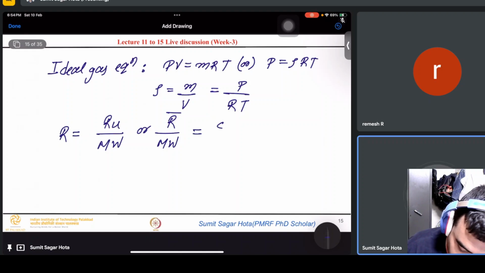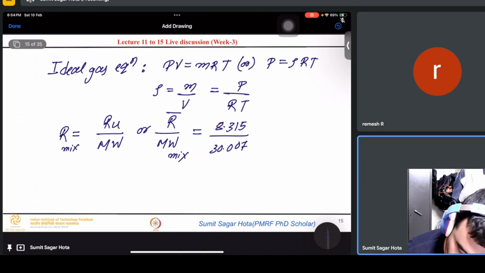So now it's 8.315 divided by the molecular weight, 30.007. For that, R of the mixture comes to 277 joule per kg Kelvin.